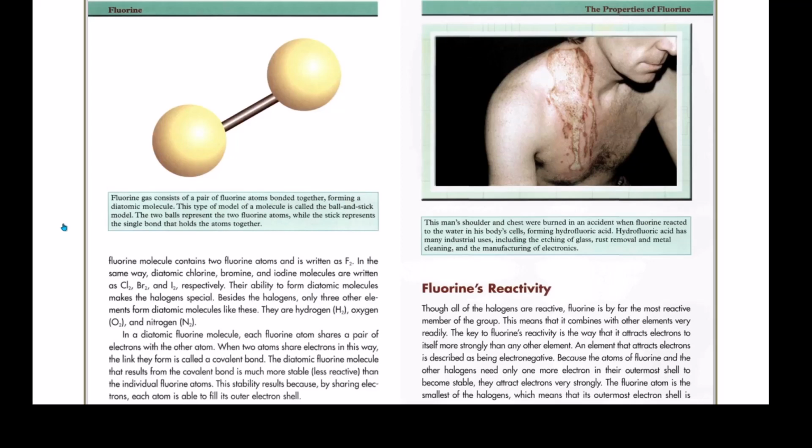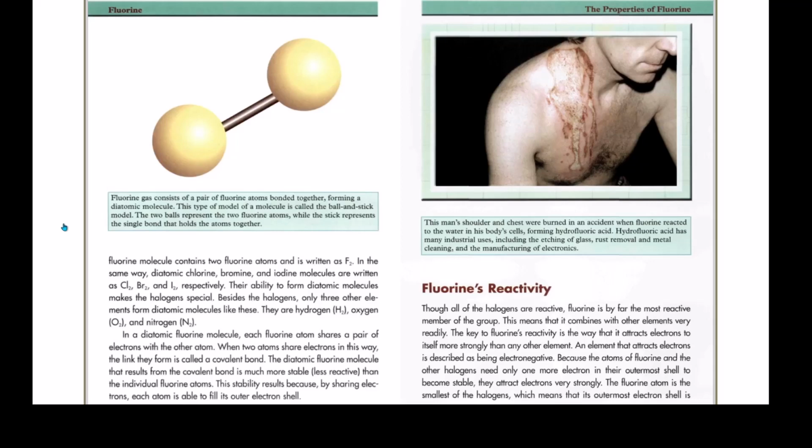Their ability to form diatomic molecules makes the halogens special, because besides the halogens, only three other elements form diatomic molecules like these. They are hydrogen, H2, oxygen, O2, and nitrogen, N2.